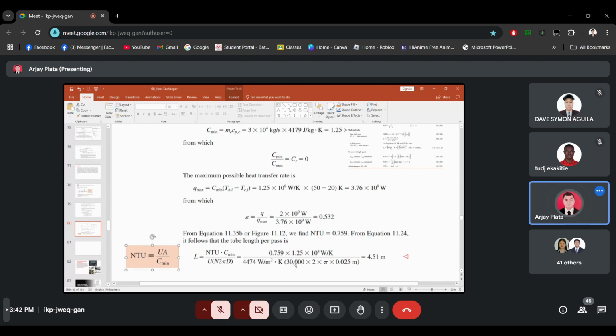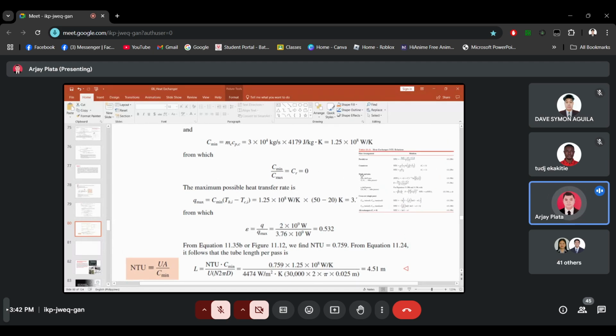To be consistent, we have NTU is 0.759 times C minimum, which is 1.25 times 10 to the 8.